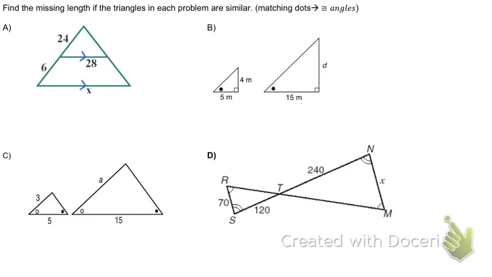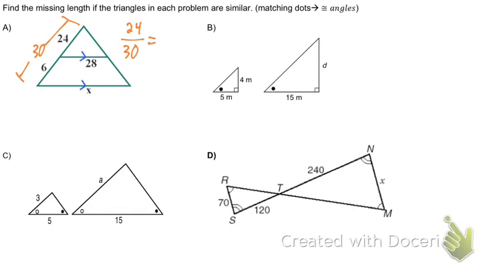So what side for the big triangle corresponds to the 24 for the little triangle? 30. How did we get 30? 24 plus 6. So 24 over 30 is going to equal, we know for sure it's equal, not question mark equal, because it already says it's similar.